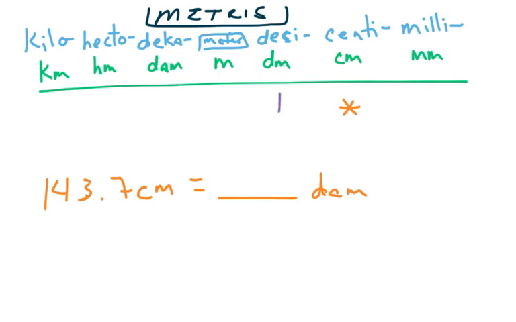So it's 1, 2, 3. 3 steps. So we moved 3 steps, and that was to the left. So this is what you do with your decimal point in your number. You're going to move it 3 steps to the left. Here's my decimal point. Moving it 3 steps is going 1, 2, 3. So we end up with 0.1437. That's all you had to do for a conversion.